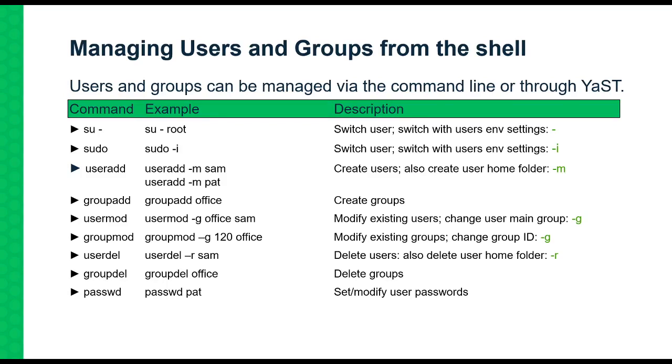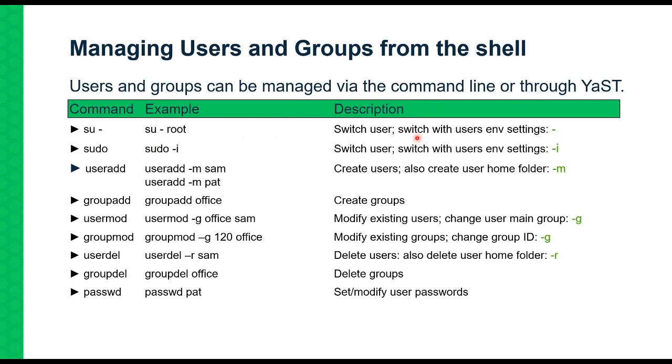Now let's look at managing our users and groups from the command line. The first command that we'll look at is the su space minus command. So the su space minus command shows us we can switch the user, but that minus has a very specific task.